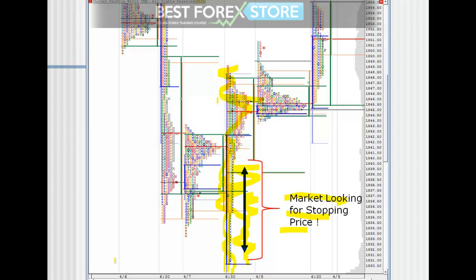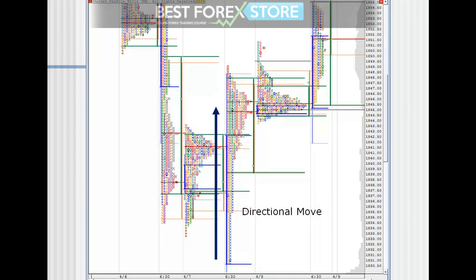So let's go on to the next phase. We have a directional move. We looked for the stopping price here and couldn't find it, and so we get a directional move. The directional move takes us all the way up to here. And once we arrive at that stopping price, we don't just stop there and rest.